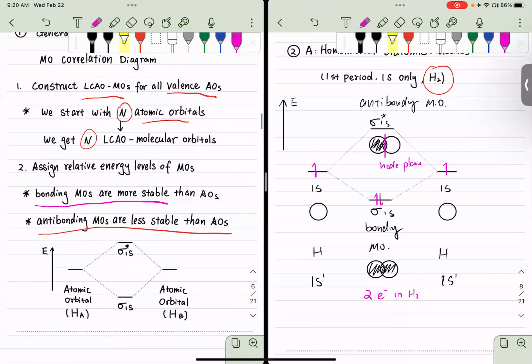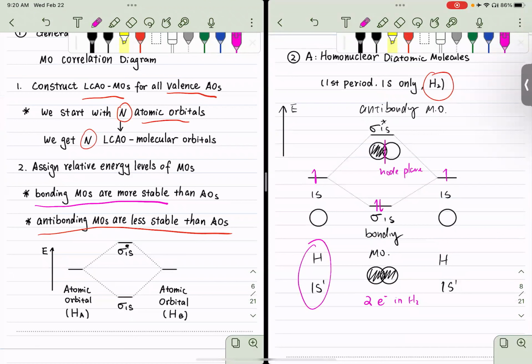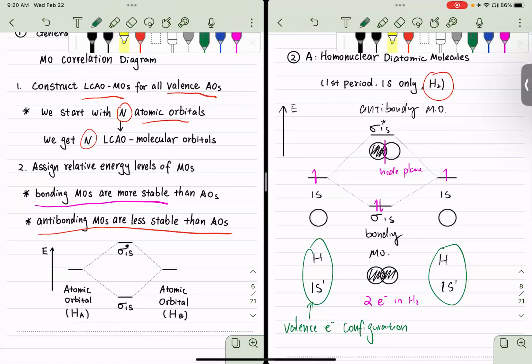It follows 3 steps. The first step is to write out the atoms of interest and also their valence electron configuration. And from these valence atomic orbitals, you draw them on the energy diagram and see how they interact with each other. We'll only limit ourselves to diatomic molecules for this class.